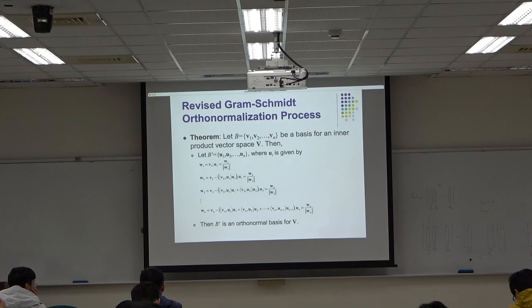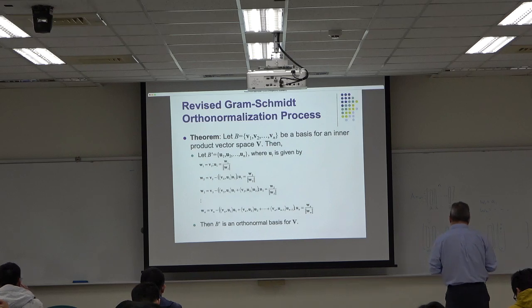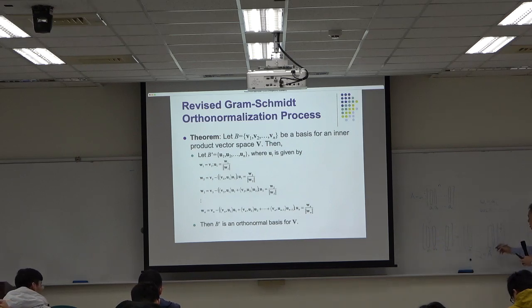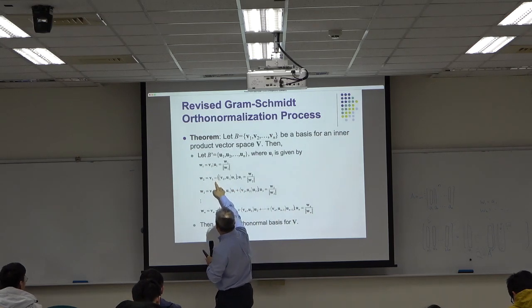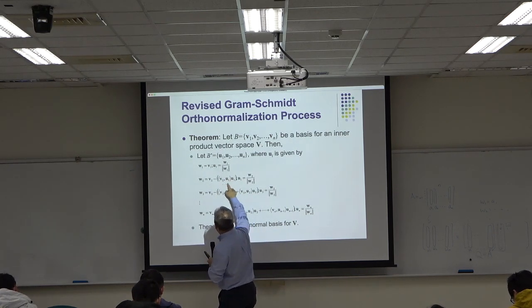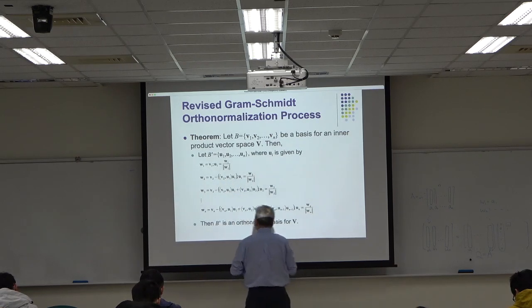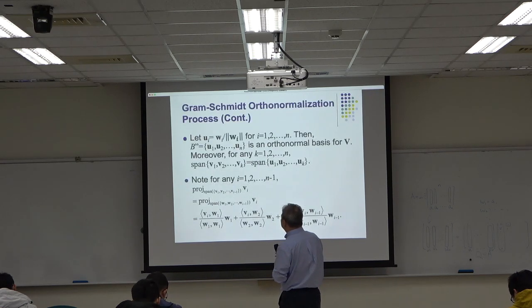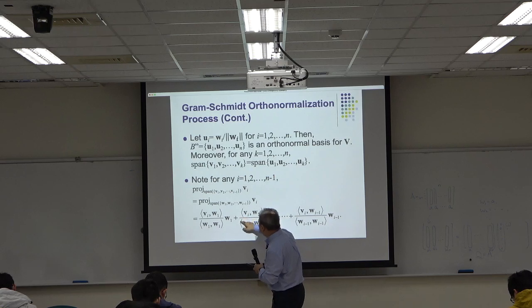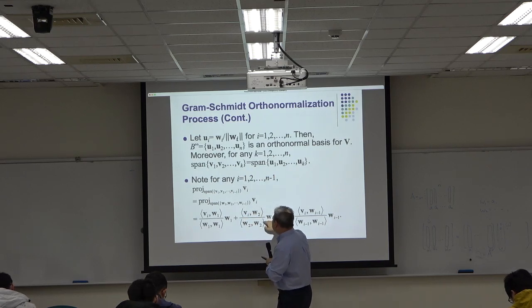And W2 will be V2 minus blah, blah, blah. So we know the coefficient for the second column will be 1, and you have something here, which is like a negative.